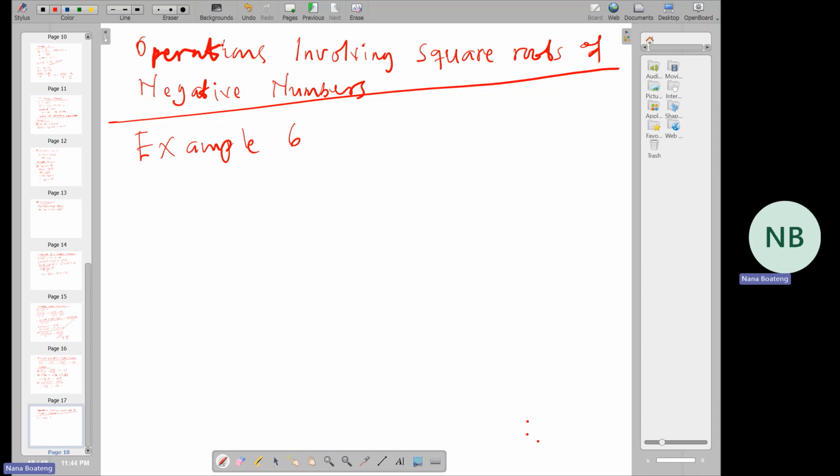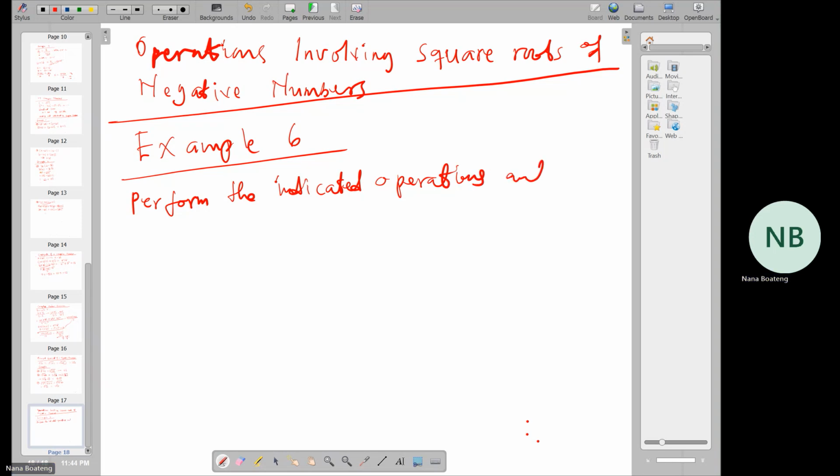Let's use this example 6, which says we are going to perform the indicated operations and write the result in standard form.